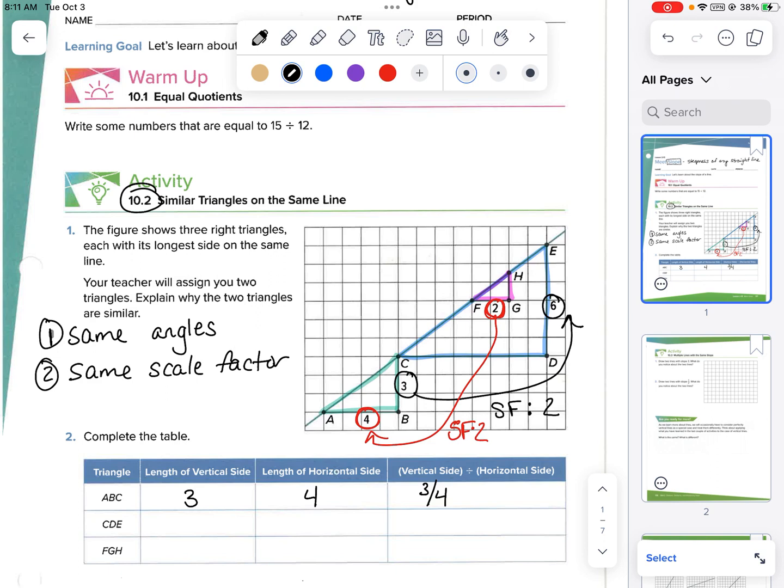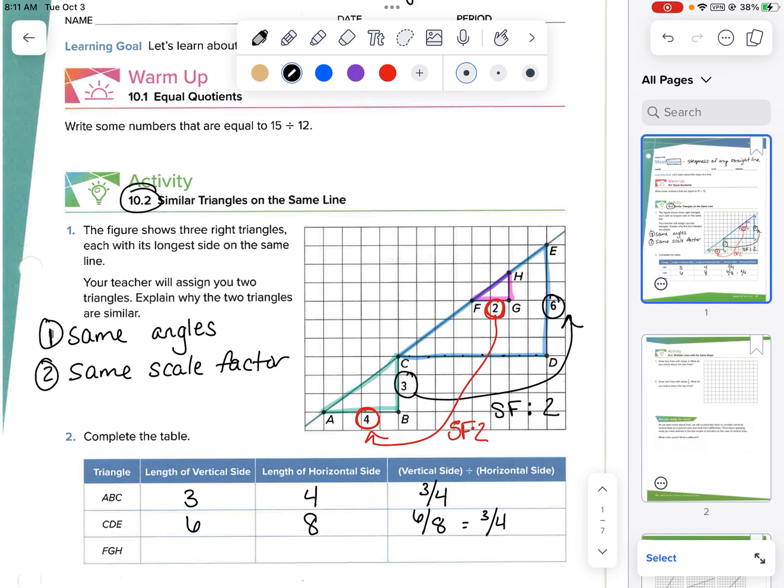If we look at CDE, our larger triangle, it tells us our vertical length is 6, but then we have to count 1, 2, 3, 4, 5, 6, 7, 8 is our horizontal side, and 6 over 8 simplifies to 3 over 4.